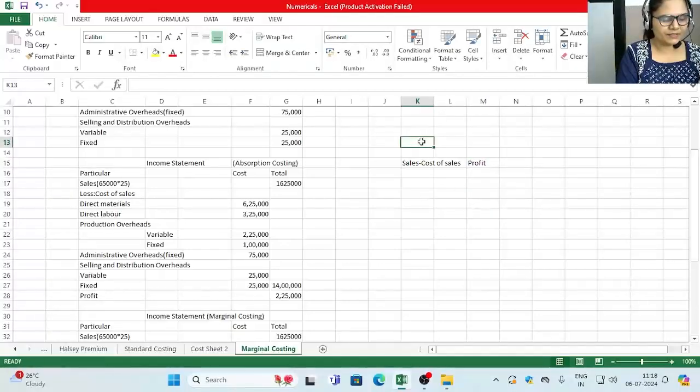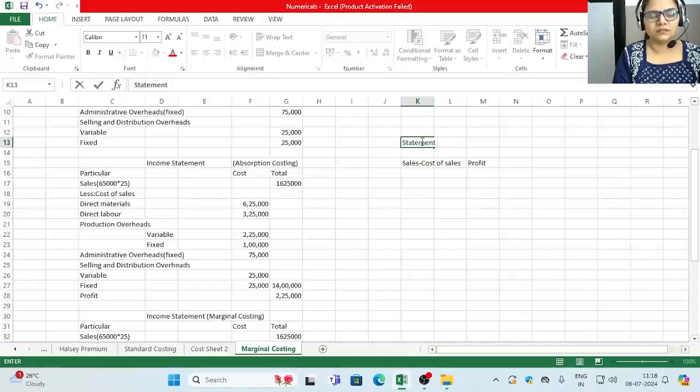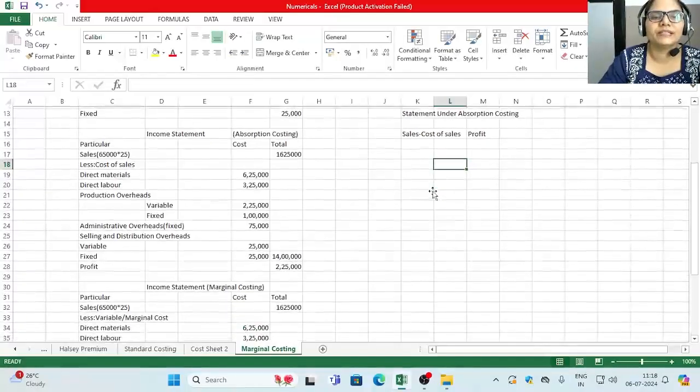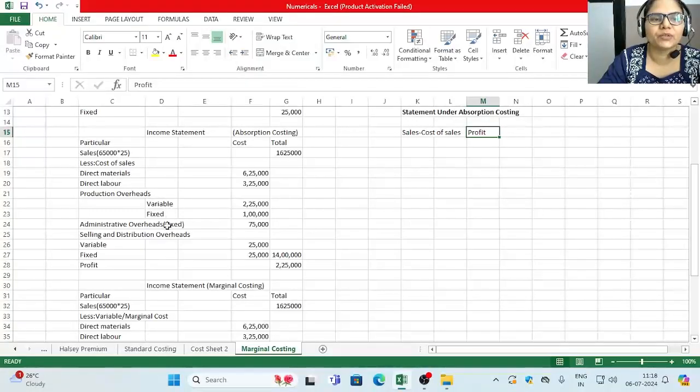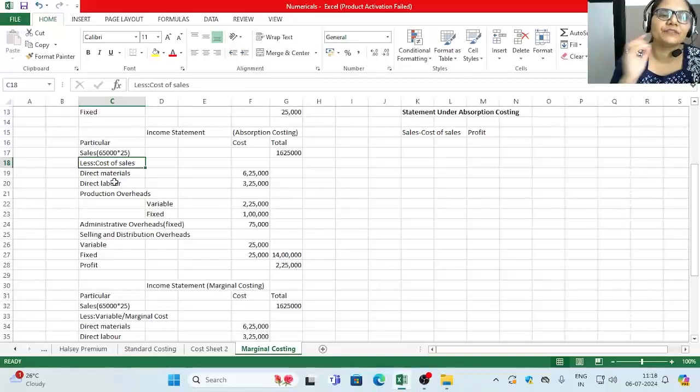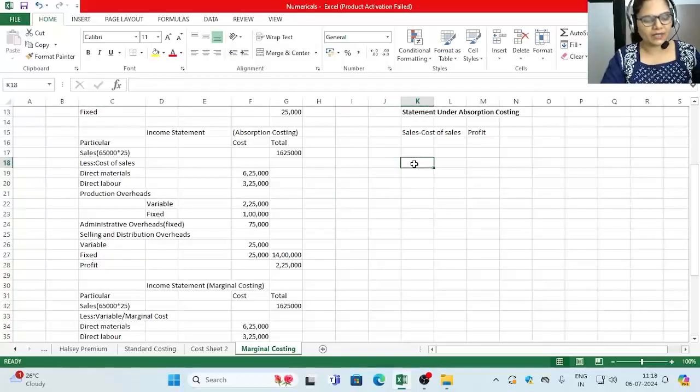This is a statement under absorption costing. So you can say this is the income statement under absorption costing, and we have solved a similar statement with the help of the numerical in this particular question. Sales minus cost of sales, and there is no differentiation between fixed and variable cost, and we have got the profit.